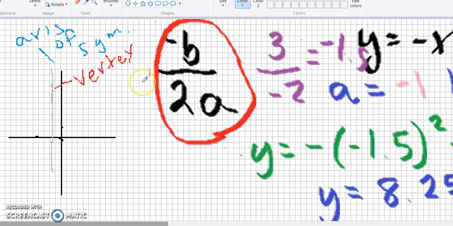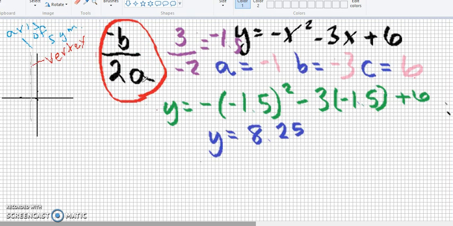Okay. So now to complete the graph, we have to figure out our y-intercept. To do that, you can see that c equals 6. So that makes our y-intercept (0, 6).